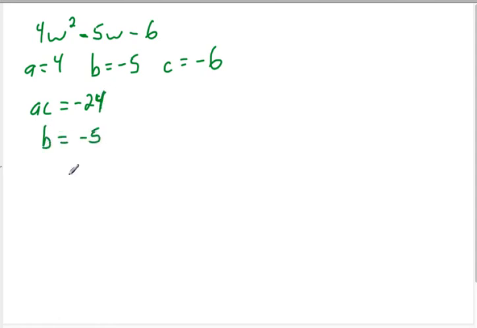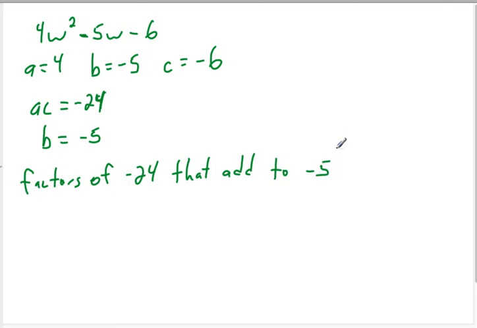So factors of negative 24 that add to negative 5. Alright, so 24 and negative 5.